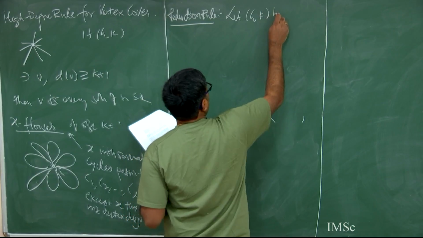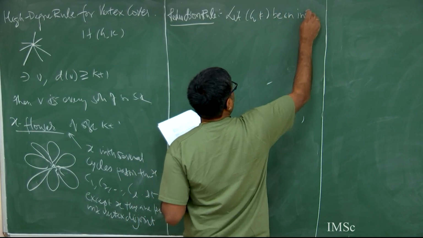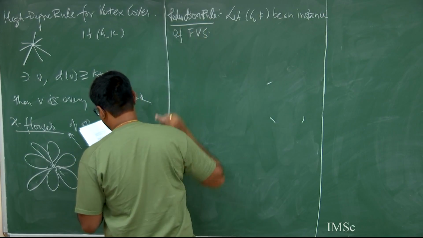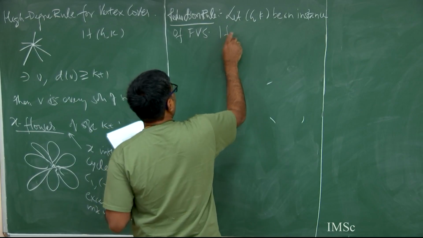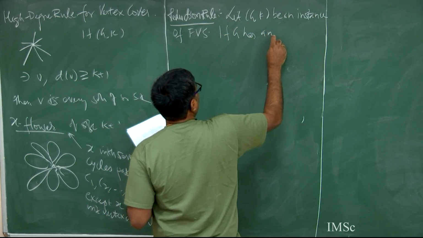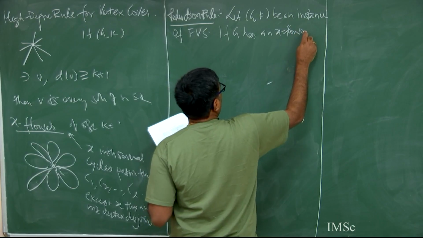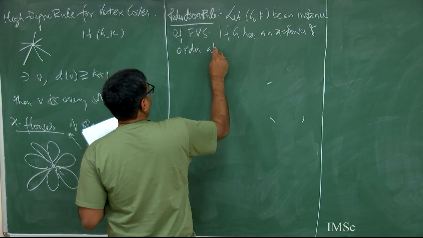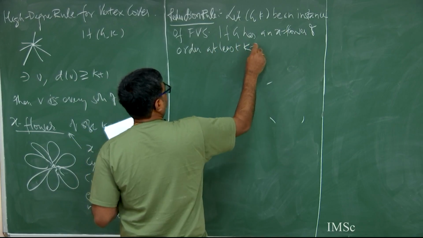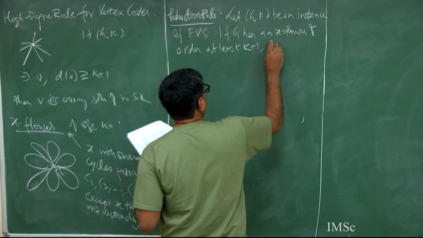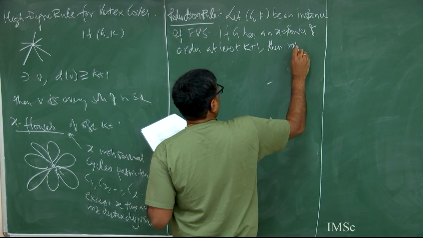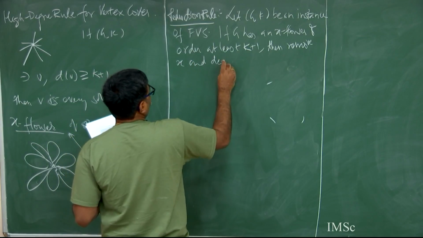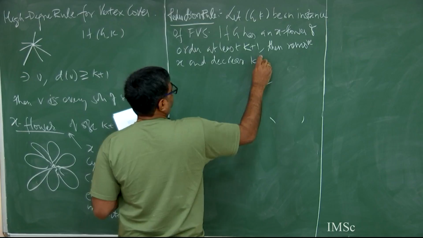Let (G, k) be an instance of FVS, feedback vertex set. If G has an X-flower of order at least k plus 1, then remove X and decrease k by 1.